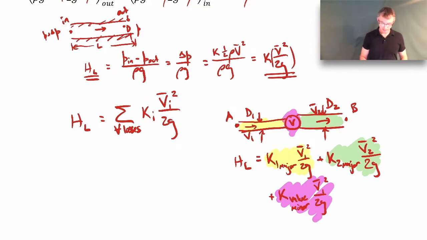Okay, so this is a very important relation to remember as well: the total head loss is the sum of all the head losses through the whole inlet to outlet, and those individual losses are found by taking a loss coefficient times the velocity head where that loss occurs.